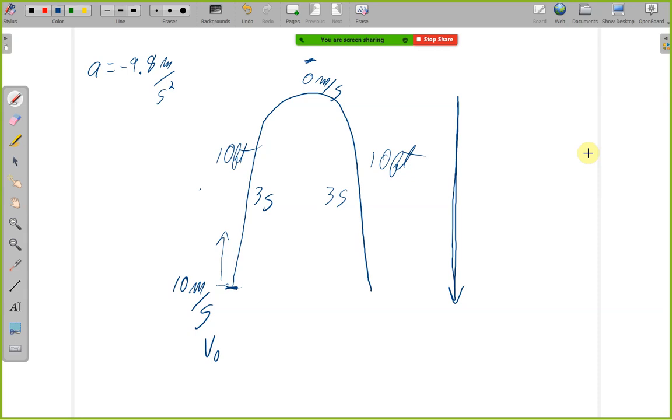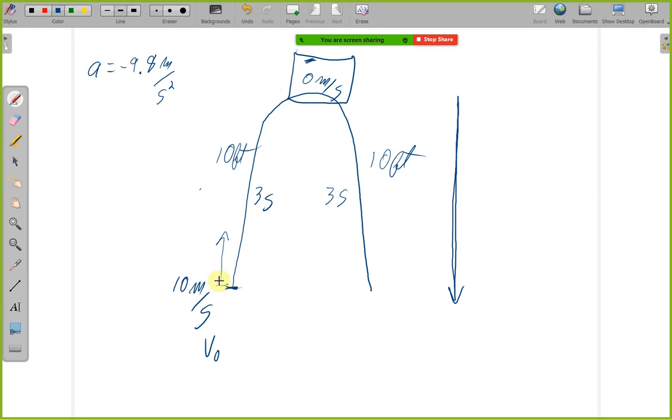I know acceleration always is negative 9.8 meters per second squared. And if I wanted to, I can make my velocity at the top become 0. So, a lot of times you will need to use this fact, folks, that at the top of the throw or whatever, your velocity becomes 0.